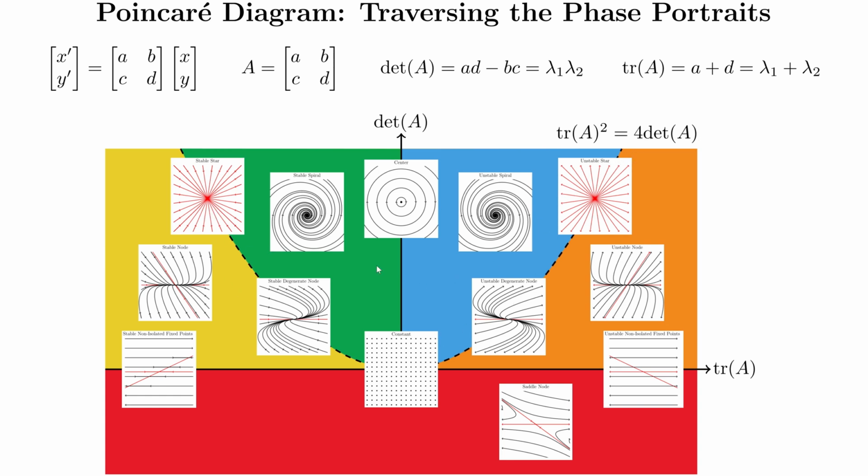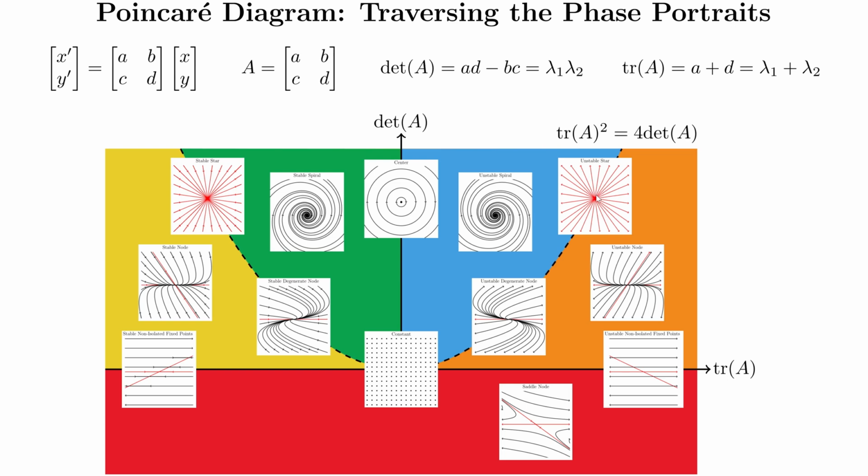And so inside the parabola, you end up with stable spirals, unstable spirals, and centers. And then outside, you end up with stable and unstable nodes. On the boundary is where you get stable stars, stable degenerate nodes, the kind of silly constant solution, then unstable degenerate nodes and unstable stars.